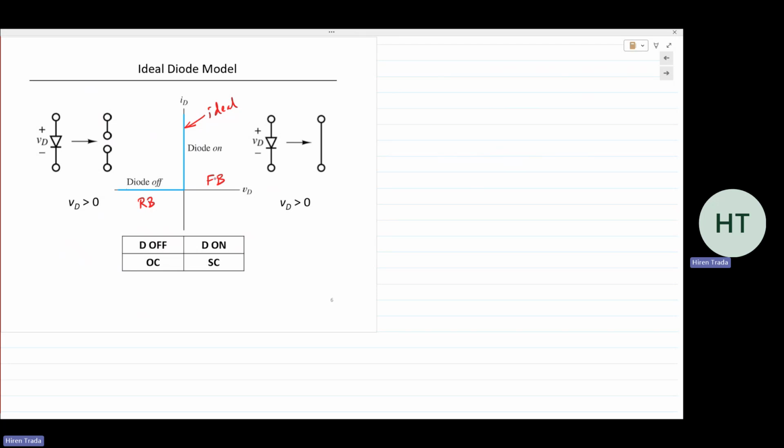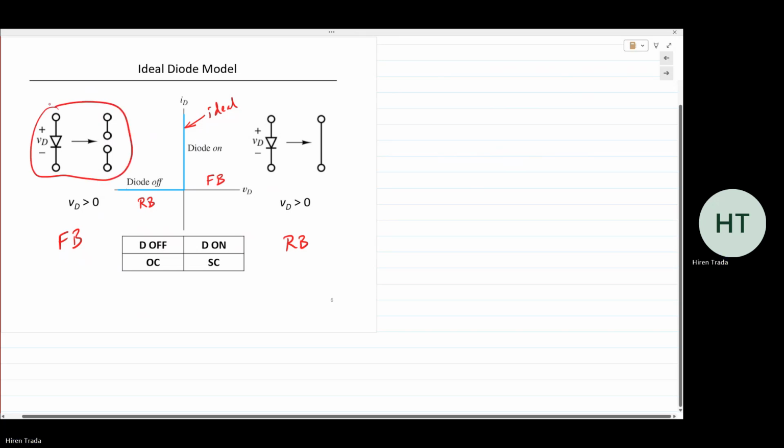So what we do is we replace the diode with an open circuit when it's reverse bias. So these are forward bias, and this should be less than. A few typos in there.